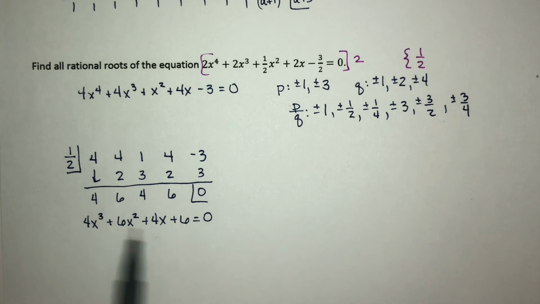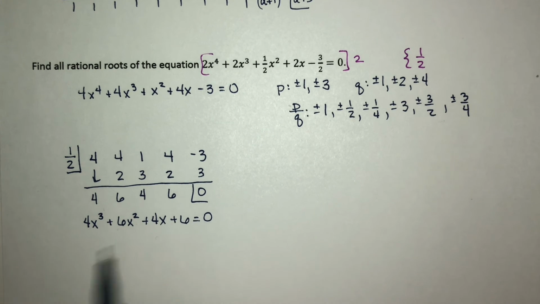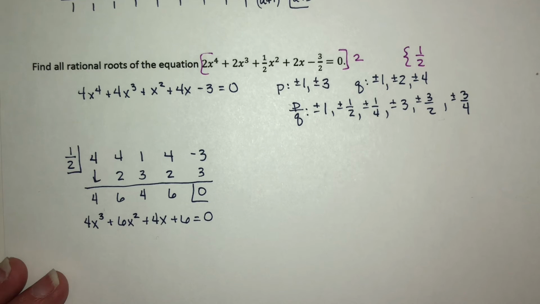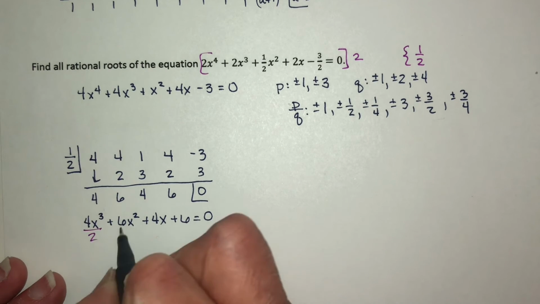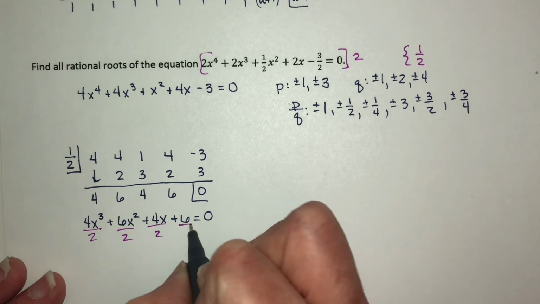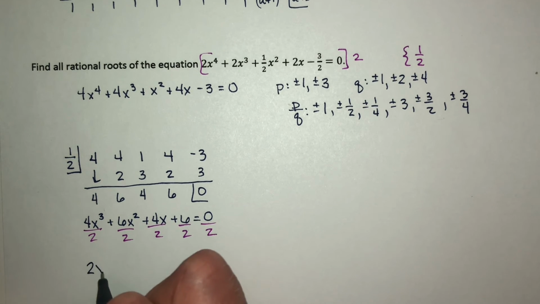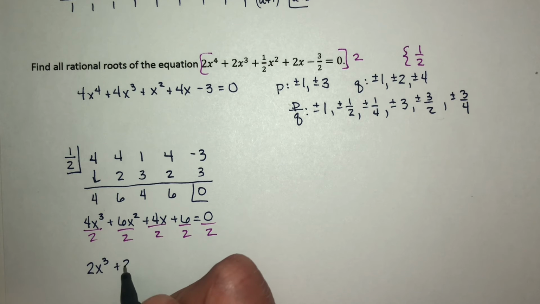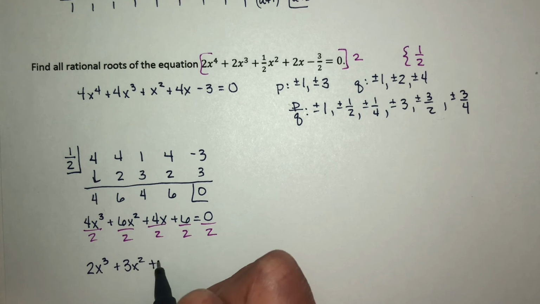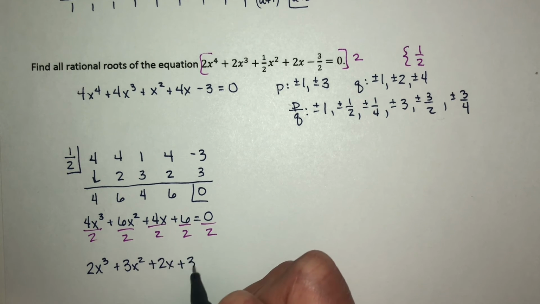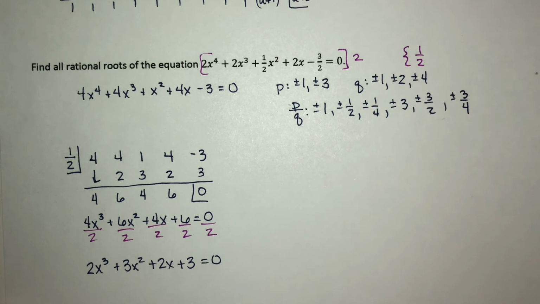And every single thing here is an even number. So even if I don't go any further with this, I'm going to simplify this by dividing every single thing by a 2. Because my numbers will be smaller, my p over q values will be smaller, everything will be easier. So I get 2x cubed plus 3x squared plus 2x plus 3 equals 0.